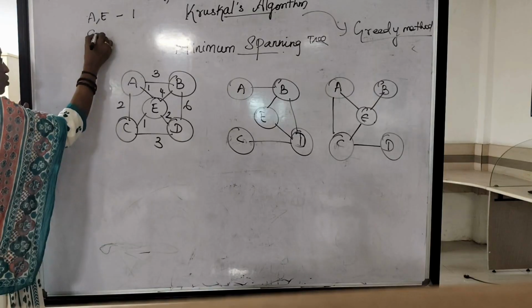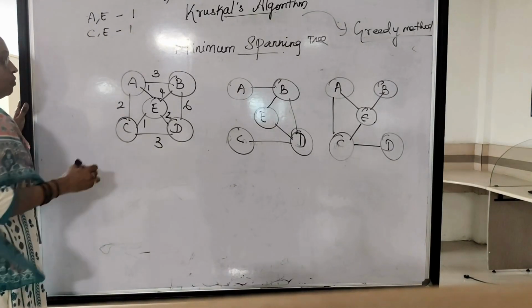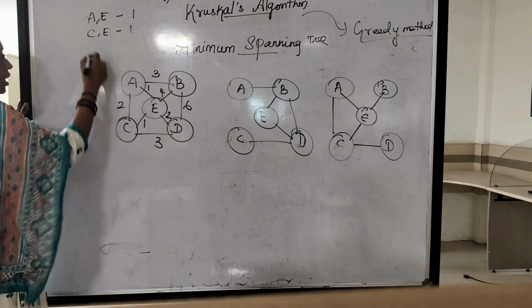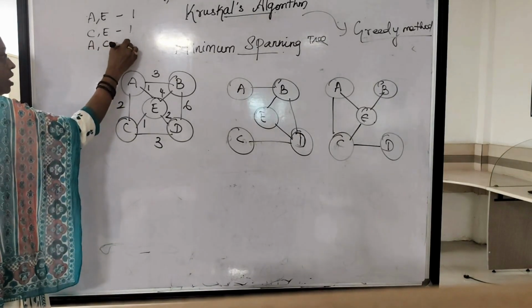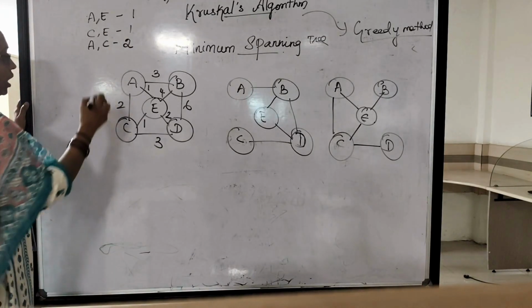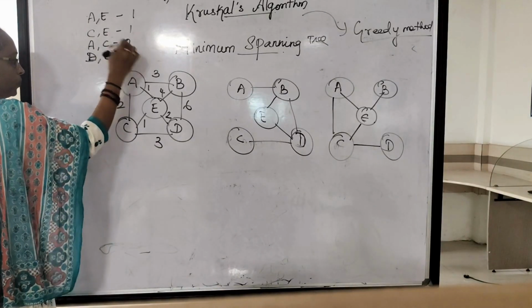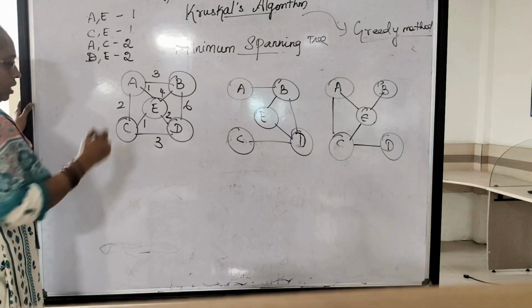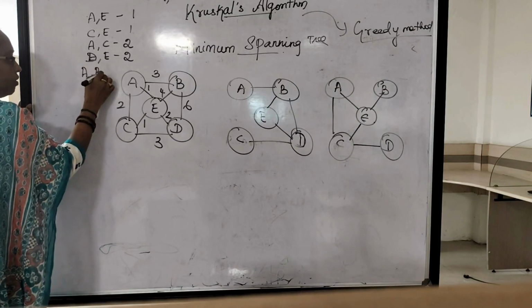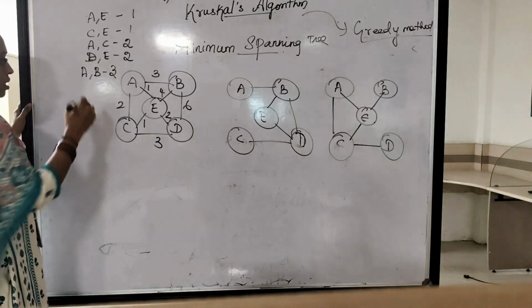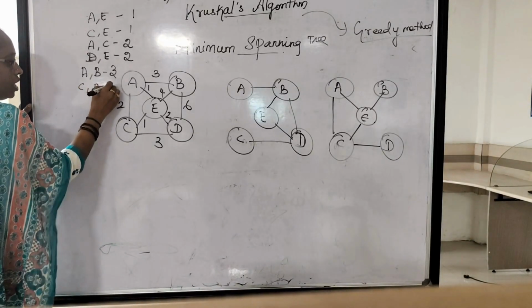Then C to E with cost 1. Then A to C with cost 2. Then D to E with cost 2. Then A to B with cost 3. Then C to D with cost 3.